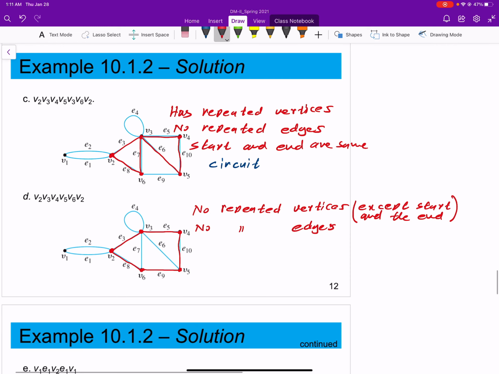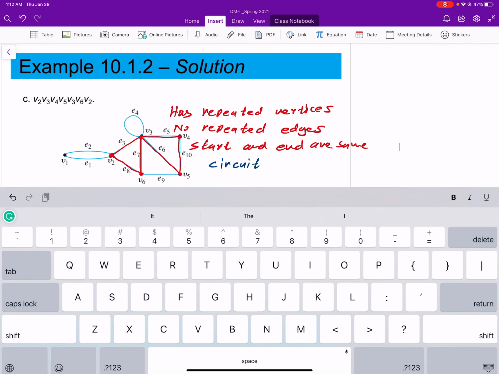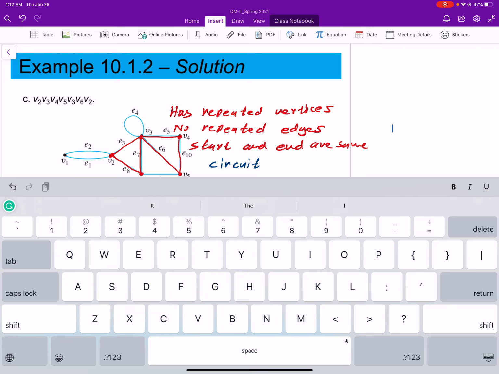Let me copy this one about also. I think I have to mention this, otherwise students might be confused. Copy. Give me a second.